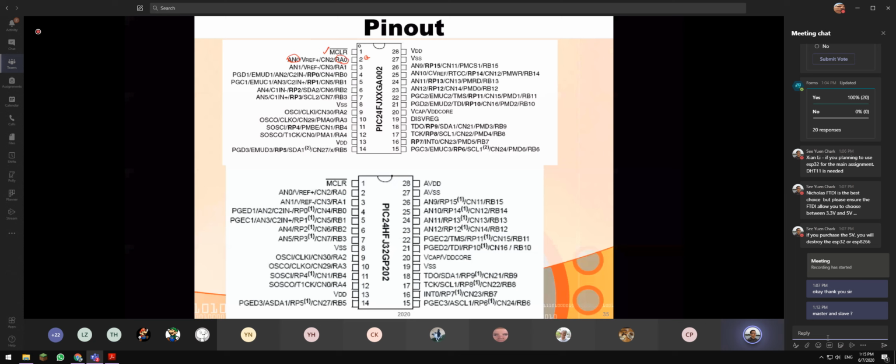Okay, this also can be a V reference plus and V reference minus, sometimes for the comparator function. So class, remember Microchip has one very interesting feature which is called CN2 and CN3. Okay, CN2 and CN3 mean change notification. So change notification is another type of interrupt. Okay, like another type of external interrupt.